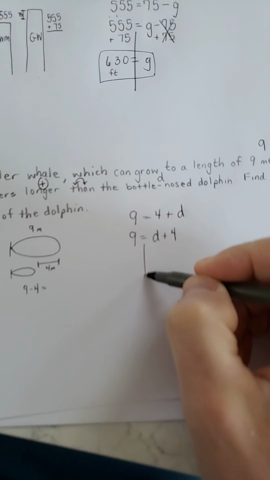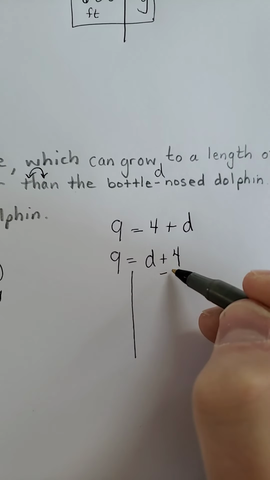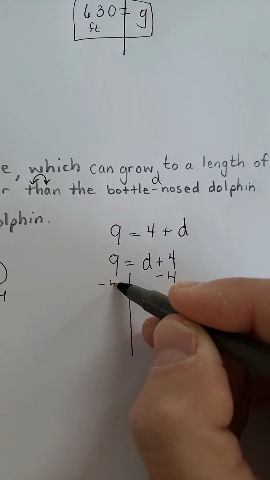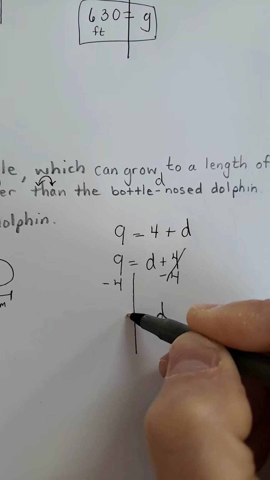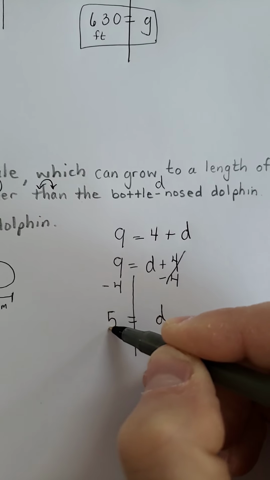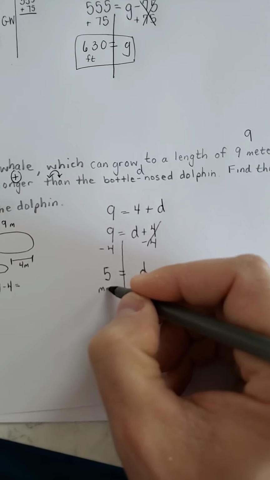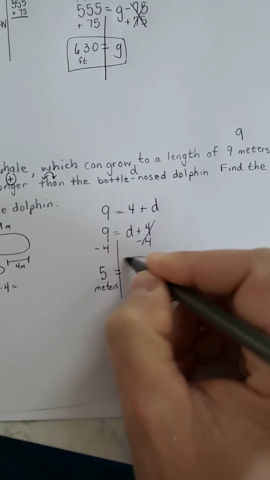Then I use my inverse operations, so I'm going to use minus 4 on both sides. Cancel these out. D equals 5. 5 meters is going to be your answer for the dolphin.